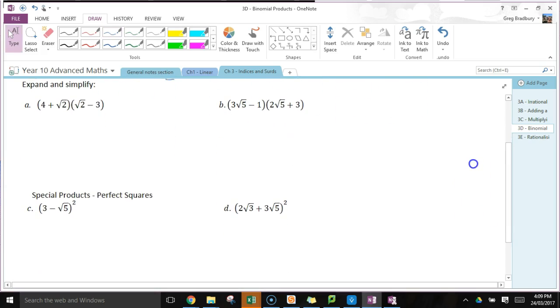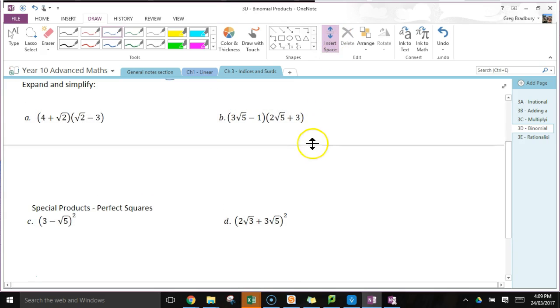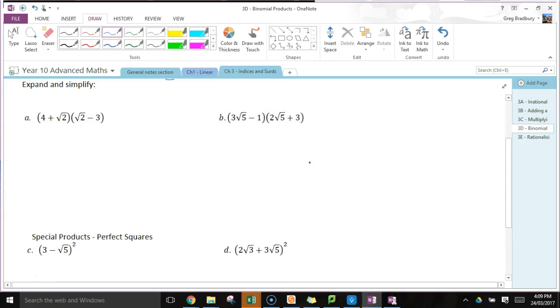These were taken from, or similar to, the book examples. Okay, I might give myself a little bit more room here. So we're going to apply our binomial product rule, or FOIL, to expand these brackets here. Okay, so the first two terms are 4 times root 2.